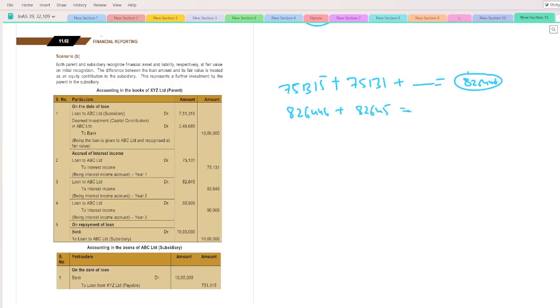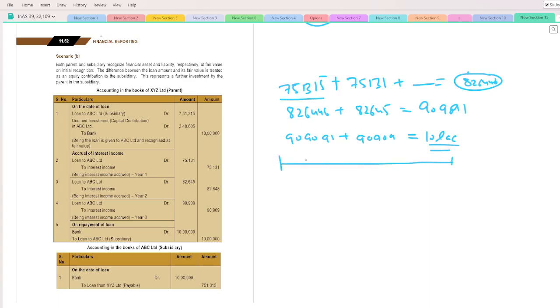So 826446 plus 82645 is coming 909091. And on this 909091, again you will be calculating the interest, no coupon. And then it will become equal to 10 lakh.